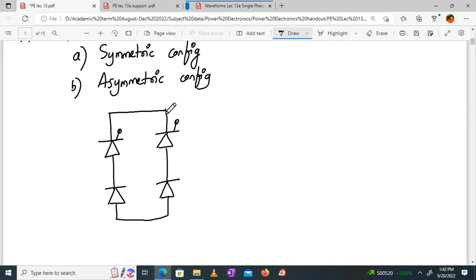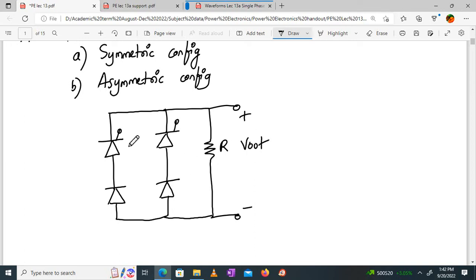Now we have a resistive load, positive, negative, V out. Let the naming convention also be together. This is T1, alternate this will be D1, diode, this will be T2 and this will be D2. Easier to remember: positive half cycle, T1 and D1 are on. Negative half cycle, T2 and D2 are on.